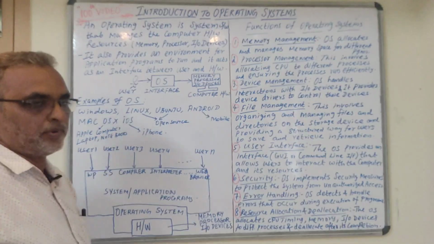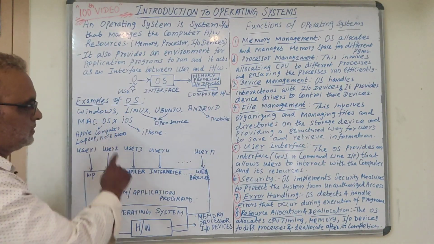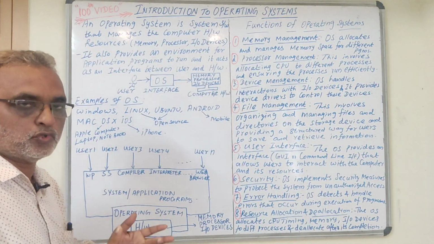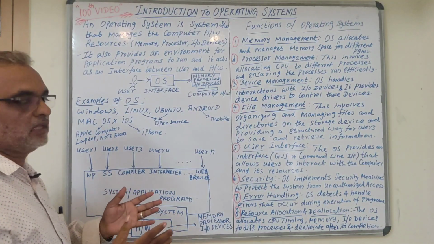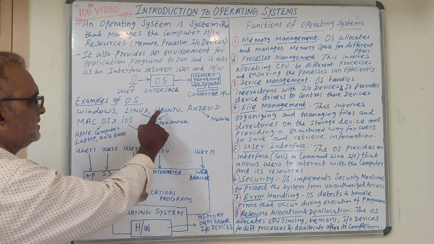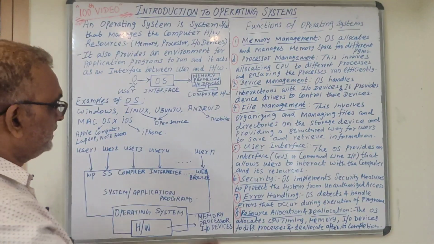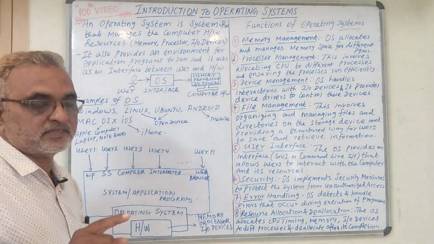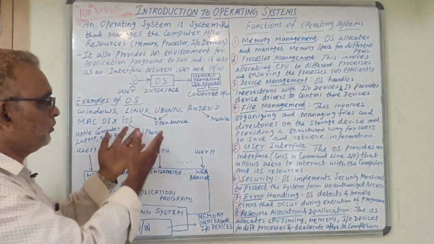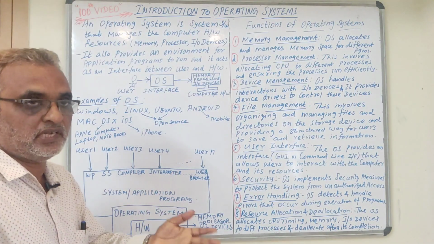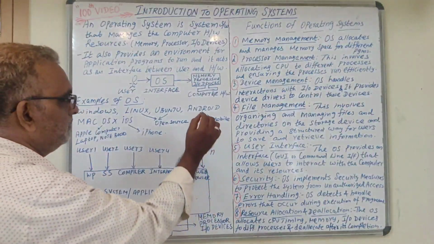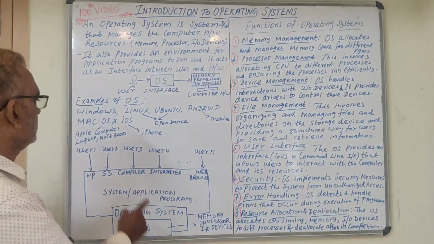Some examples of operating system: Windows. That is a Microsoft product used by most of us in our desktops as well as in laptops. Linux and Ubuntu, these are the open source operating systems. They are freely downloadable. You can download these operating systems from the internet. Android is operating system meant for the mobile phone.